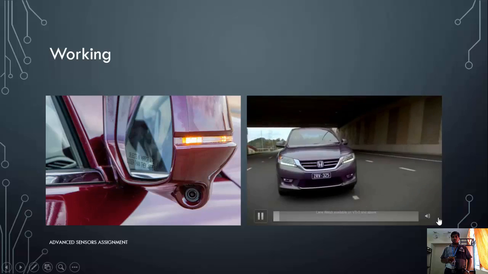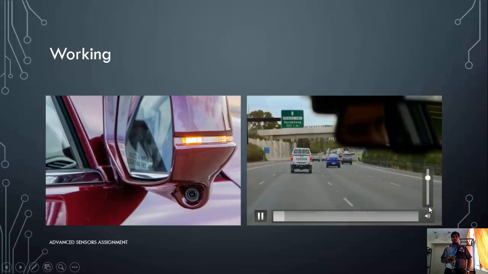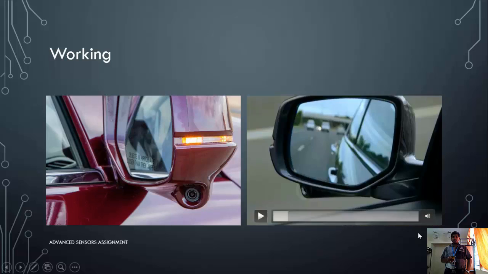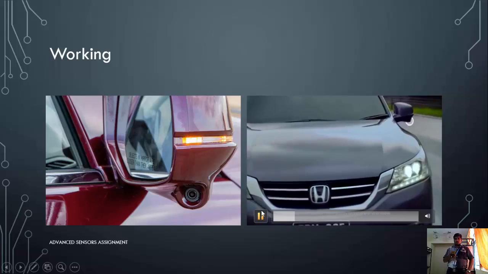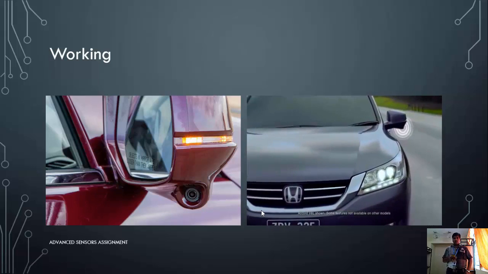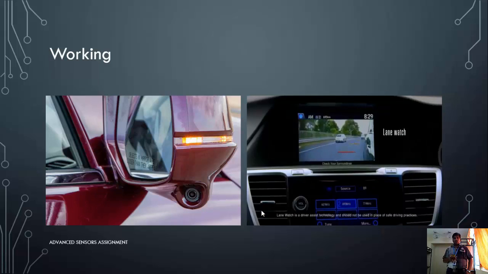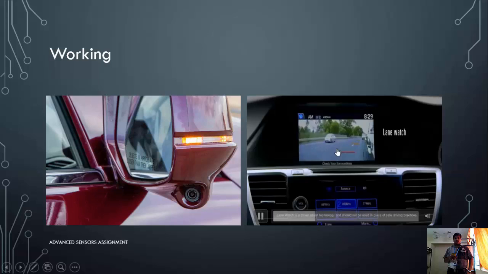Before there was a blind spot, then there was a beep. Now there's a hidden camera in the passenger side mirror. In a market first, the Honda Accord. It shows the driver almost 4 times the view, as well as giving car length markers.